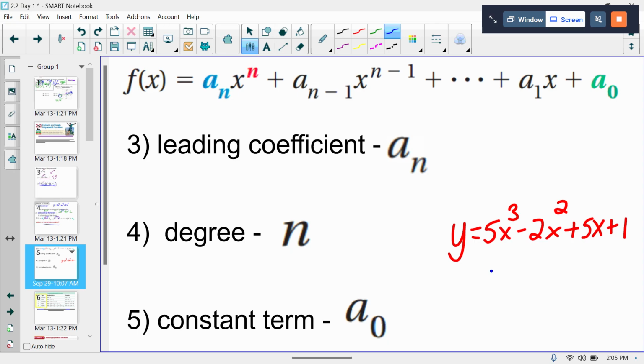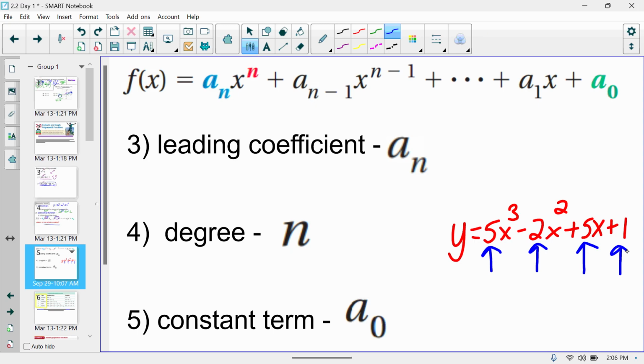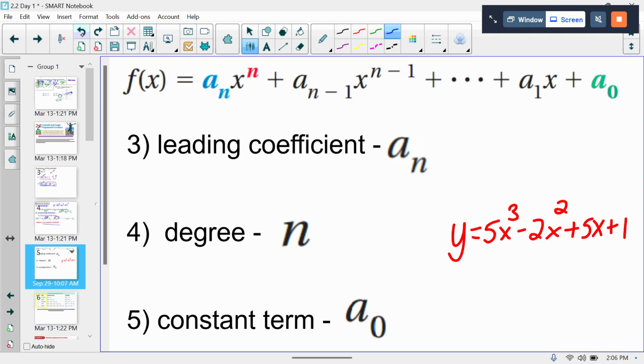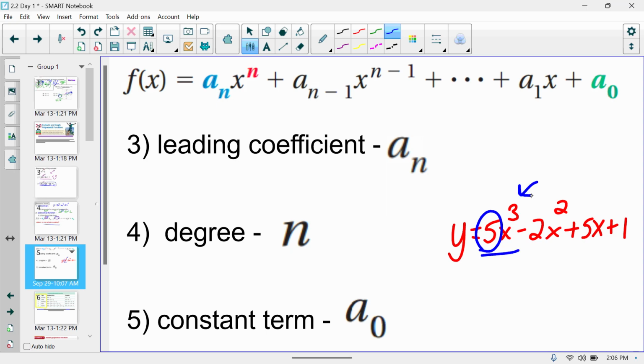The leading coefficient would be this number here. All of these are called coefficients, but the leading one, the one that comes first, is 5. So that would be the leading coefficient in that example, okay? It's basically the coefficient on the term that has the highest degree, okay?